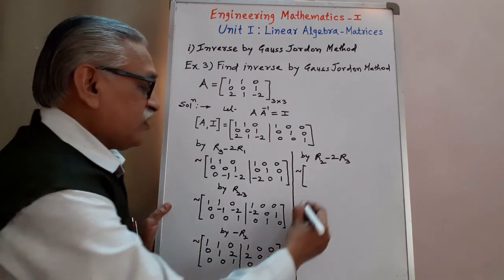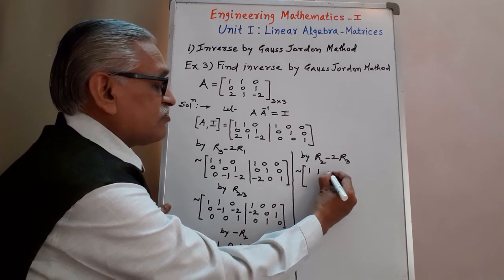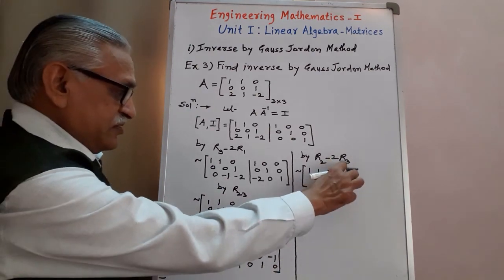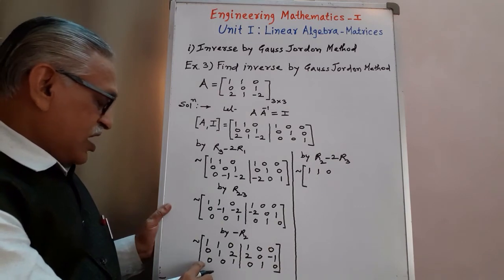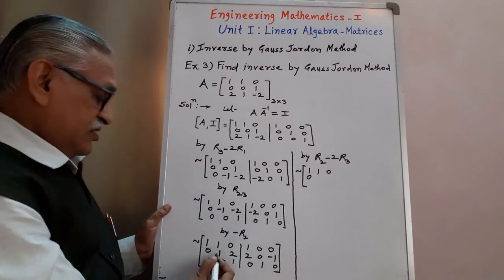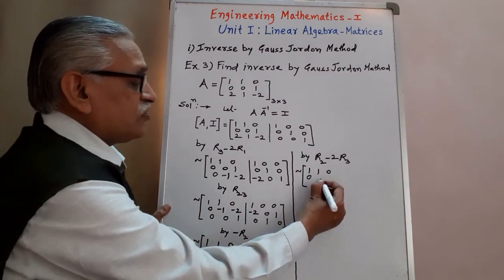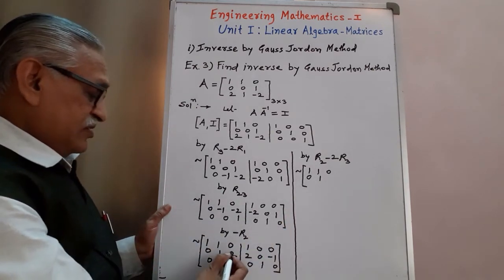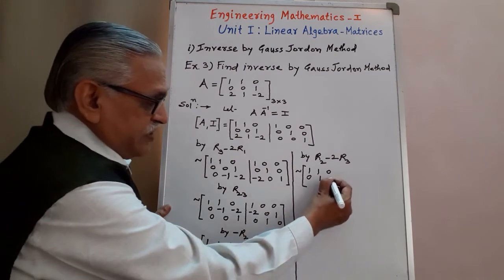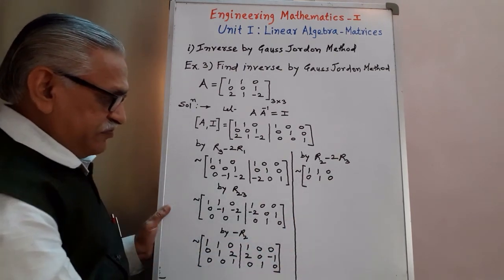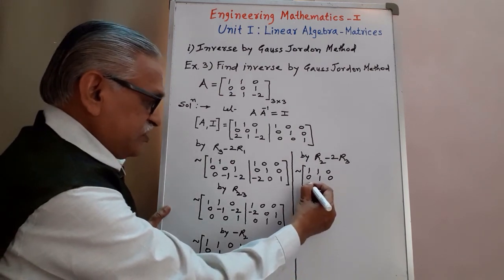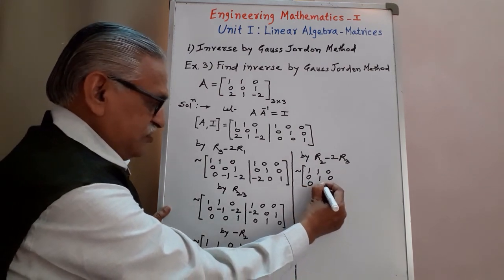First row no change, 1 1 0. Changes in second row: R2 minus 2 R3, 0 minus 2 times 0 we get 0, 1 minus 2 times 0 is 1, 2 minus 2 times 1, 2 minus 2 we get 0. Third row as it is, no change, 0 0 1.